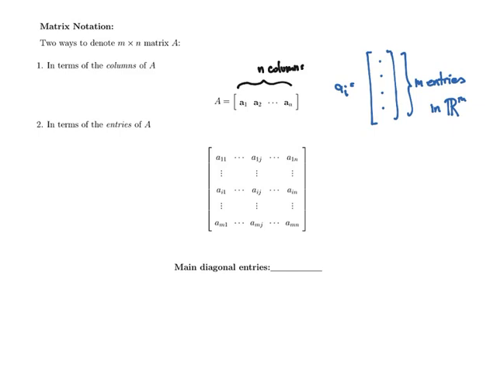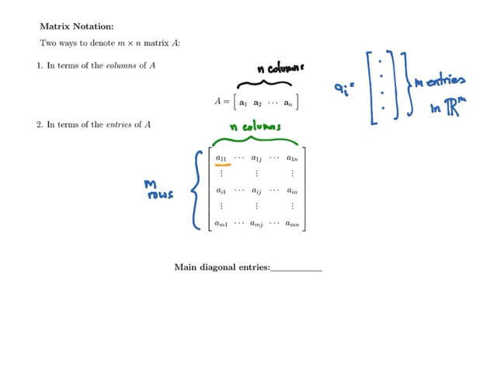Another way that we've dealt with, we haven't given any notation to, is that we could denote this by the entries individually of A. So again, there are m rows, and there are n columns. And then each entry here refers to a specific part of that matrix.